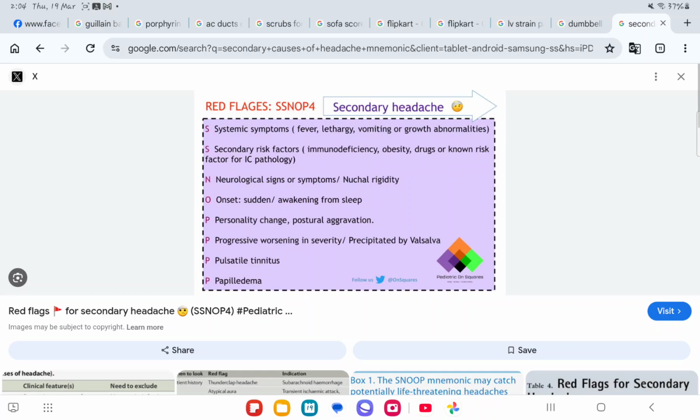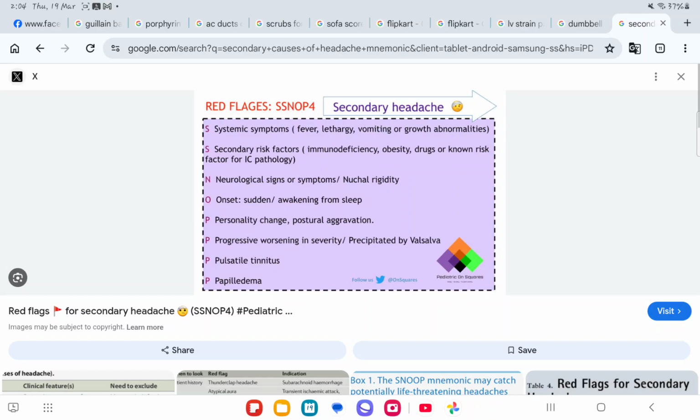Personality change shows your frontal lobe is involved. Postural aggravation shows there is some CSF leak. That's why when you get up, the headache worsens, and when you lie down, the headache stops. So involving the frontal lobe, CSF leak.